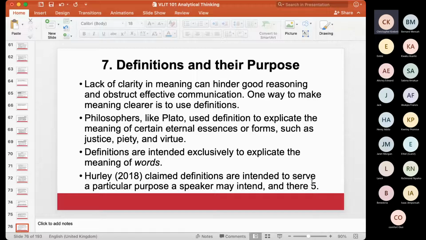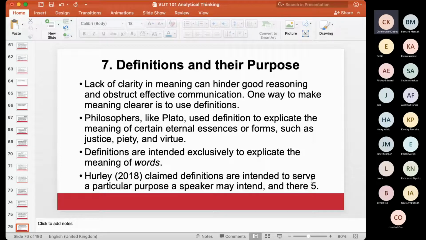So if you want to look at the meaning of justice, piety, and virtue from a philosophical perspective, go to Plato. You can go online and just go to Google search and say, how did Plato define justice, piety, and virtue? It will pop out for you, and then you read.